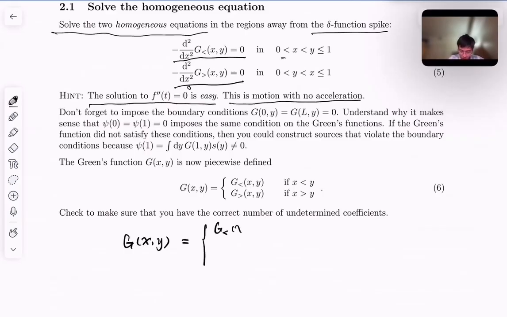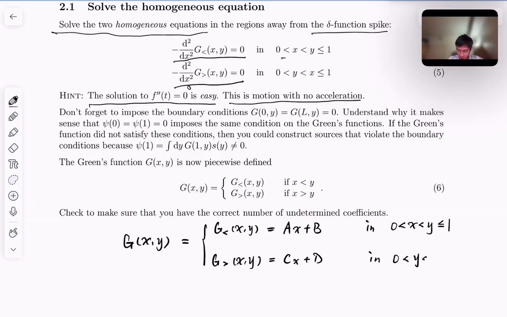G less than (x,y) equals ax plus b for 0 less than x less than y less than 1, and G larger than (x,y) equals cx plus d for 0 less than y less than x less than 1. So we write these solutions with four undetermined coefficients.